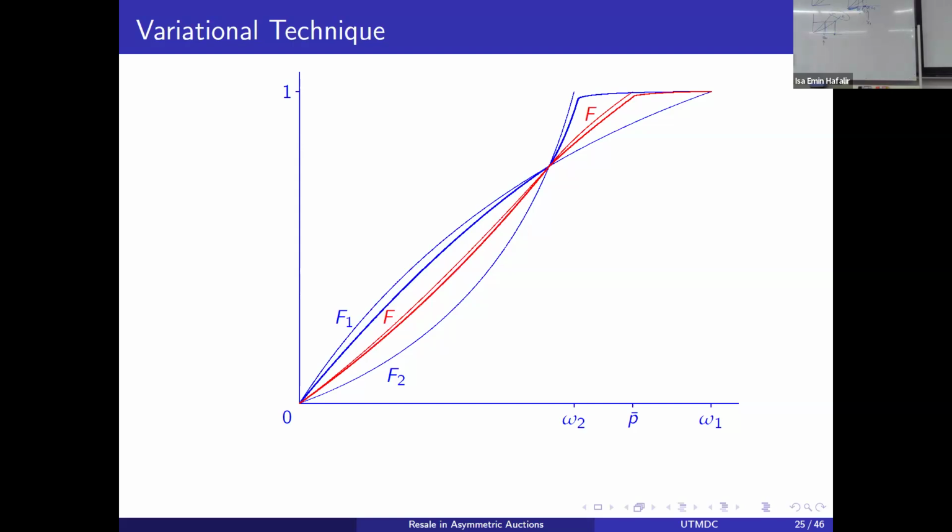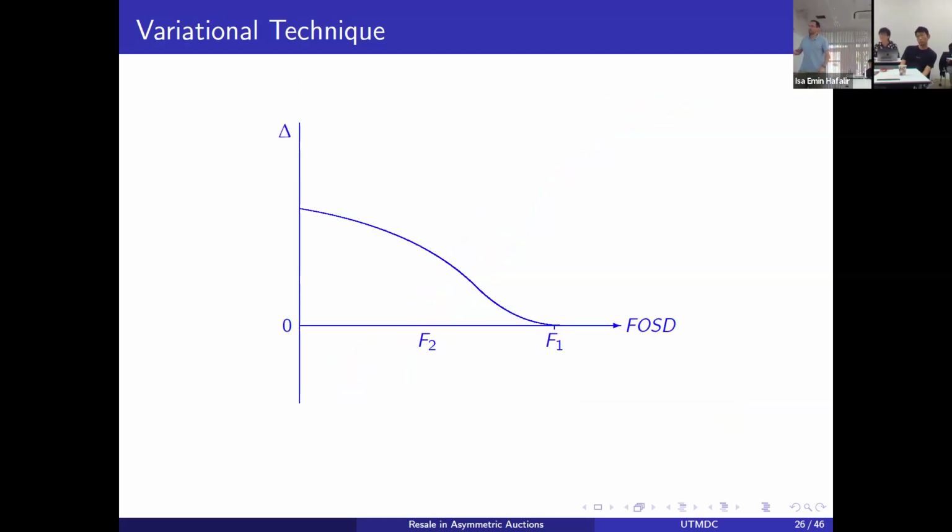So in order to show that, let us look at this next picture. F2 is approaching F1. We are writing down, for all fixed F1 values, changing F2 and looking at whether the revenue difference is positive or negative.